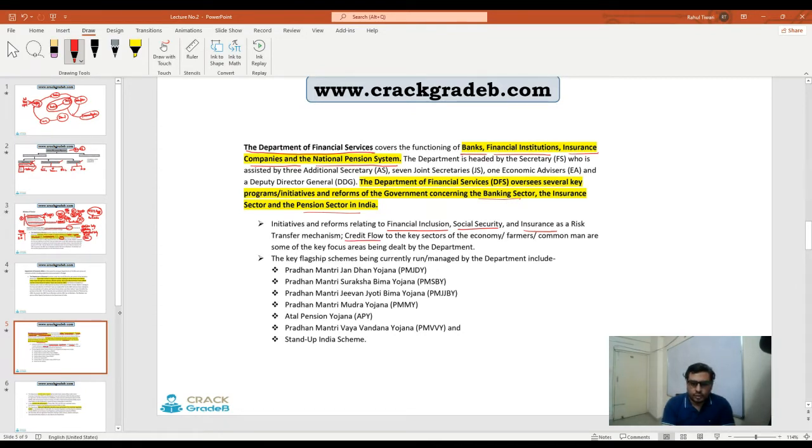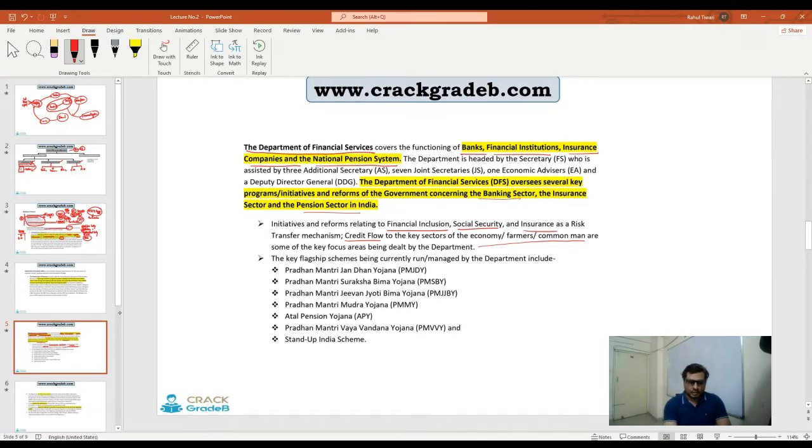Credit flow, economy, farmer, common man, everything related to the common man, farmer, or everyone, and related to finance, in terms of bank, insurance, and pension, comes under the Department of Financial Services. That is why it is also responsible for the proper implementation of some key schemes.